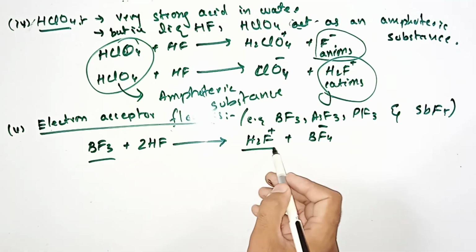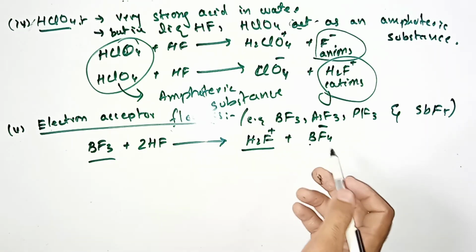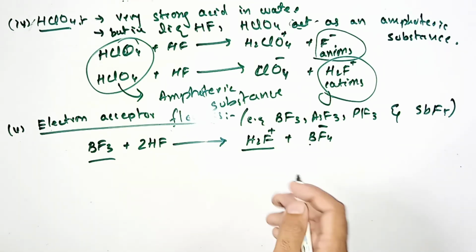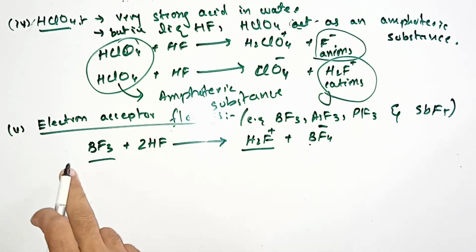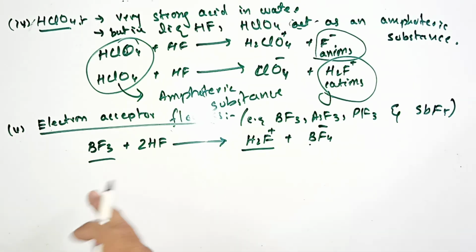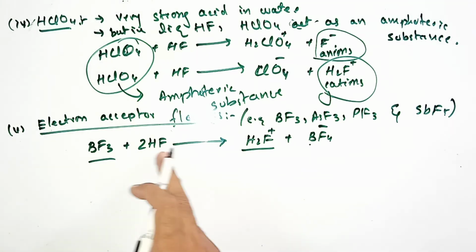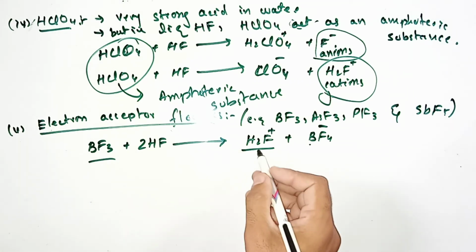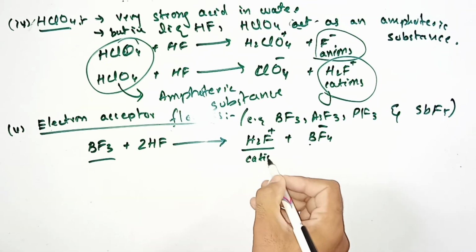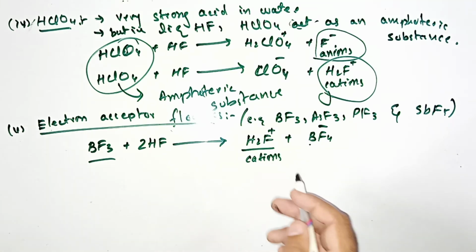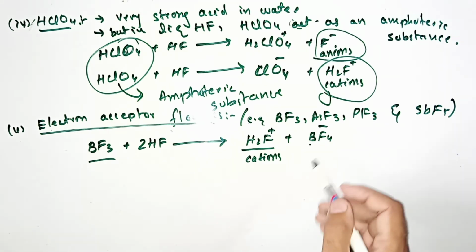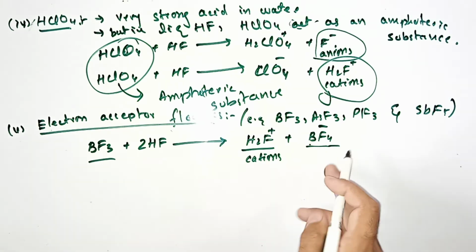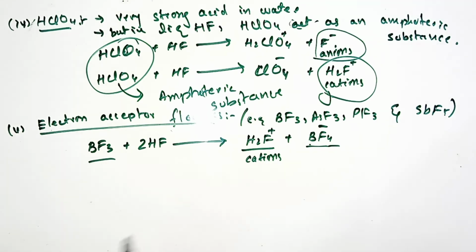So H2F will get a positive charge and BF4 will get a negative charge, because the electron pair will be shifted with fluorine toward BF3. And this is also the cation of the solvent that was produced by the auto-ionization or self-ionization of the HF solvent, and this is the anion in this solution.